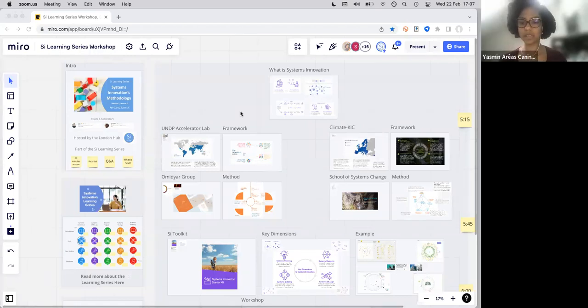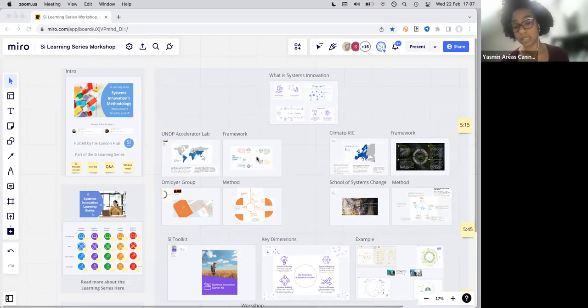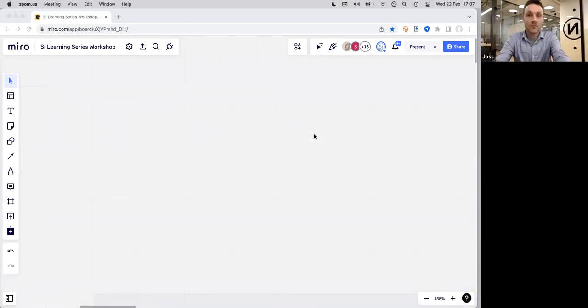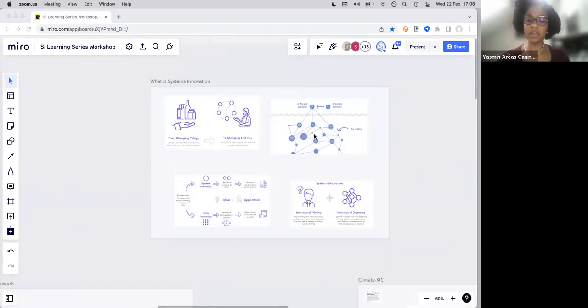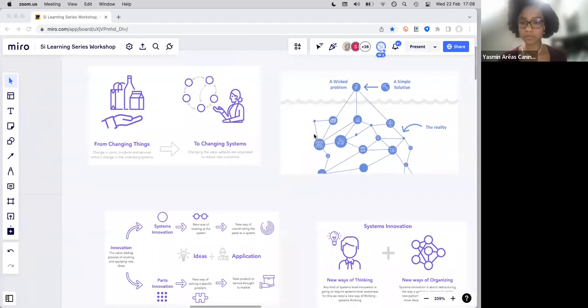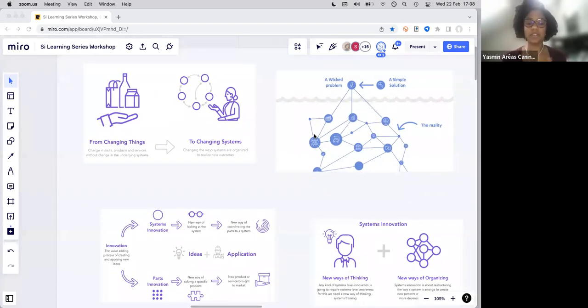We can start on top with a recap of our last session, a summary of what we've covered. Systems innovation is a transformational change approach.